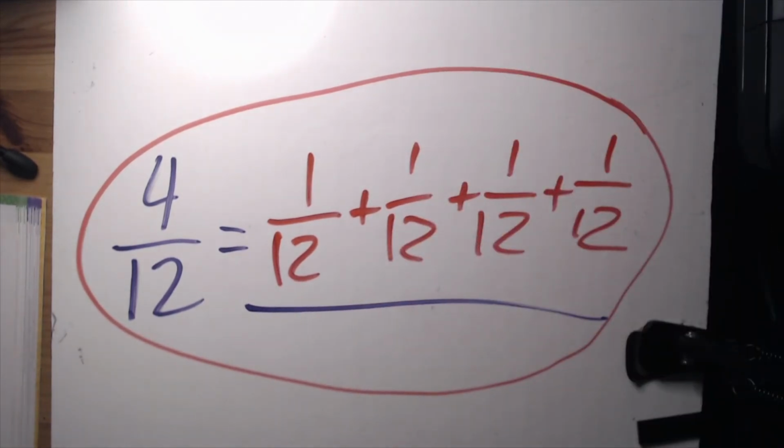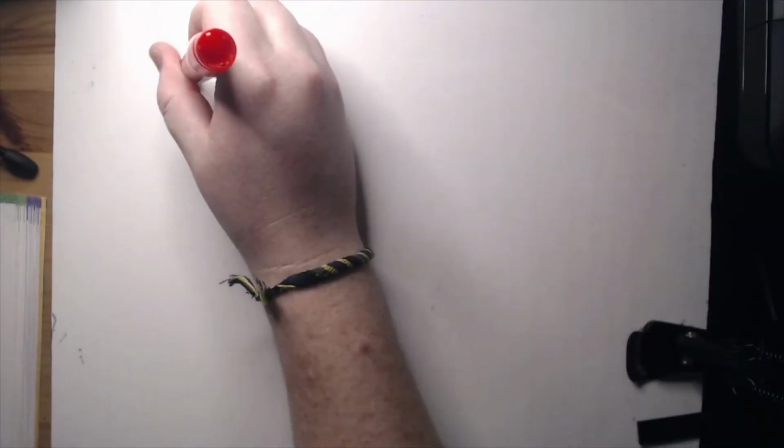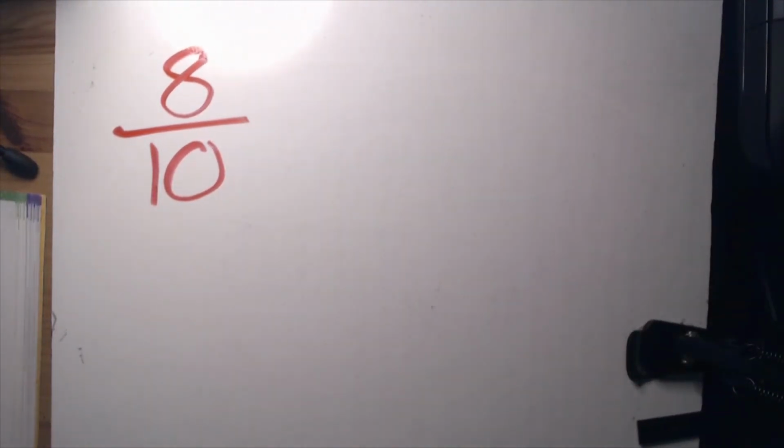Guess what? We're going to do one more, and then we're going to be done. So let's go ahead and erase. This one says write the fraction as a sum of fractions 3 different ways. So it doesn't have to be unit fractions. They give you the number 8/10. This is number 6.